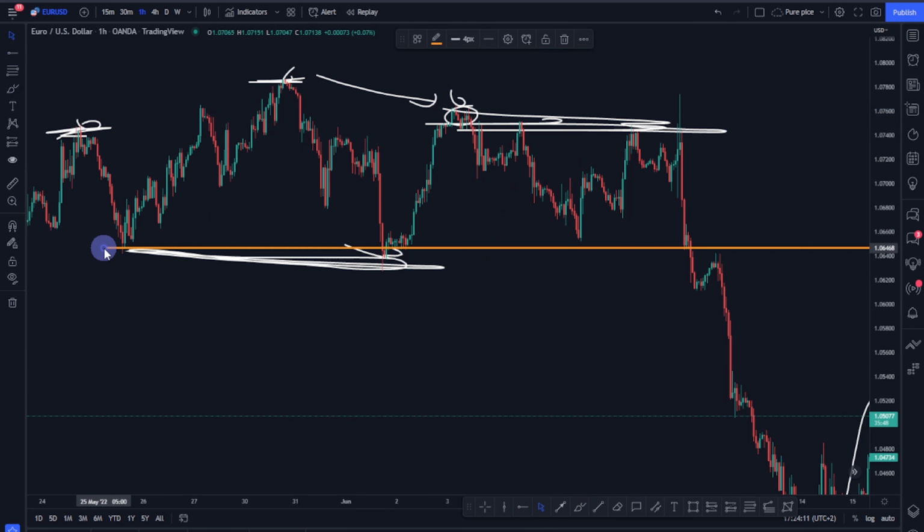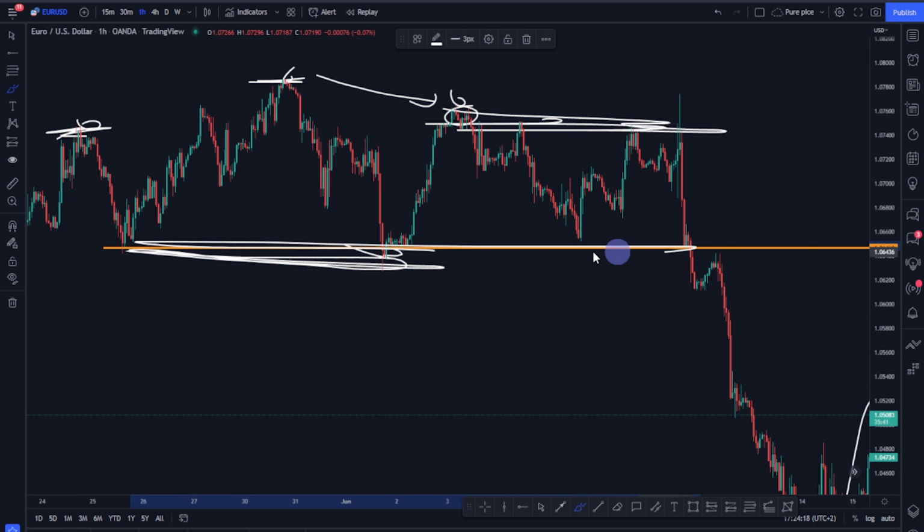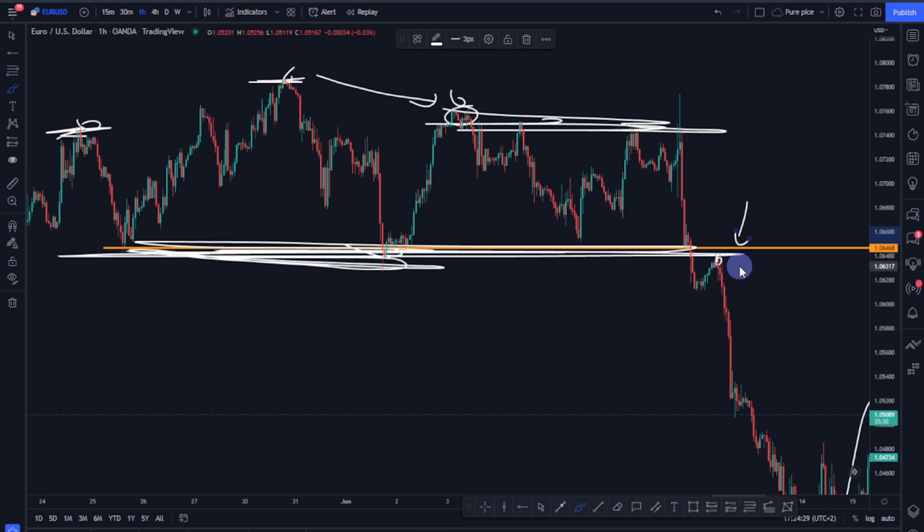And where do you have that clear confirmation? Here, when this retest came. As long as price is above this yellow line, or this support, it is still in the hands of the buyers. But as soon as it breaks down, and obviously this retest was a very, very good confirmation, then you can enter here as a sell.